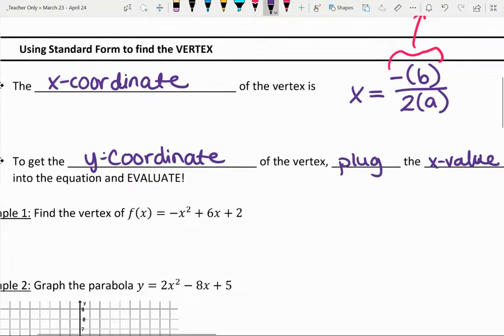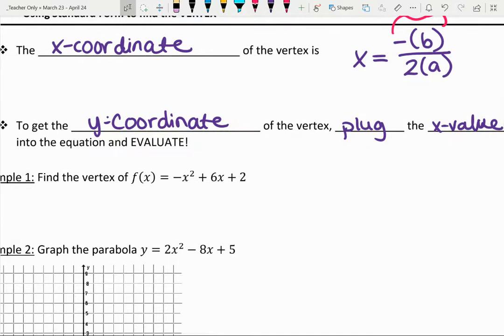So we're going to do an example here together, finding the vertex of this equation, negative x squared plus 6x plus 2. So my a value here is -1. My b value is 6.